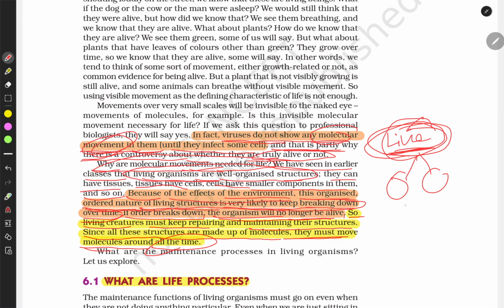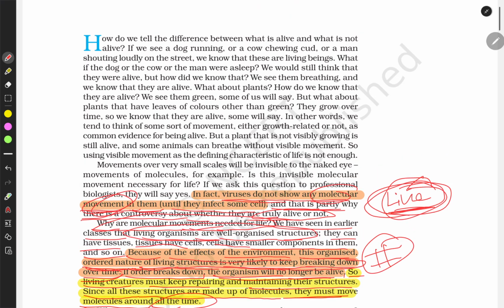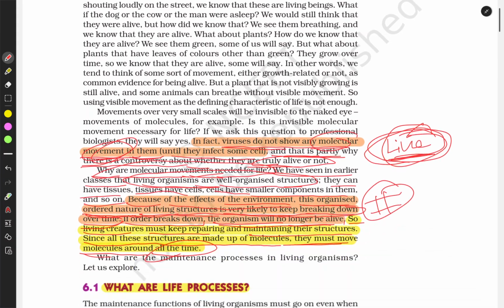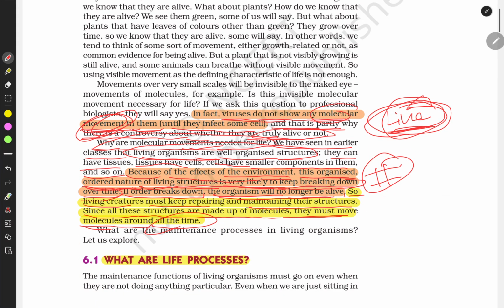If the molecular movements are hampered, or do not happen, life dies, and the organism's whole body collapses and it dies. So this is why life processes are based on the molecular movement inside us.